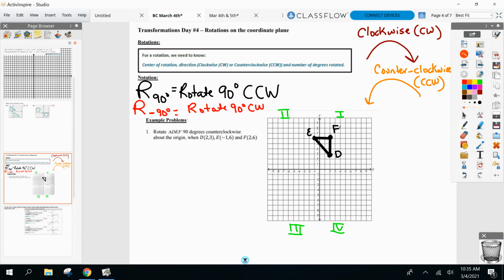All right, where exactly? I'm going to make this a physical activity here. And you guys with Chromebooks can still do this. You're going to take your paper and literally rotate it yourself 90 degrees in a counterclockwise direction. So everybody at home here, I'm going to do my best.